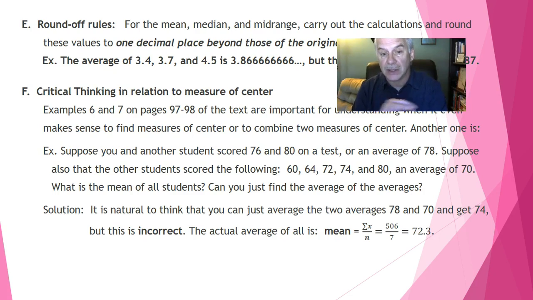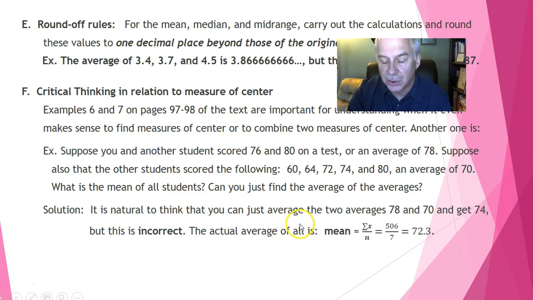Well, the answer is no, you cannot. The reason is that the sizes of the groups aren't the same. The 2 students, you and that other student, is a group of 2, while the other group is a group of 5. So because they aren't the same size groups, you can't just average the 2.